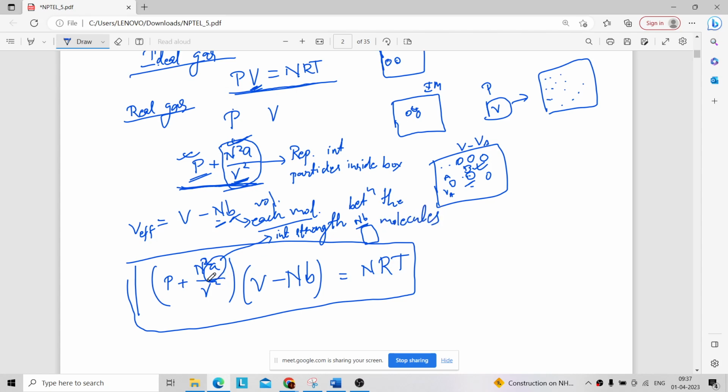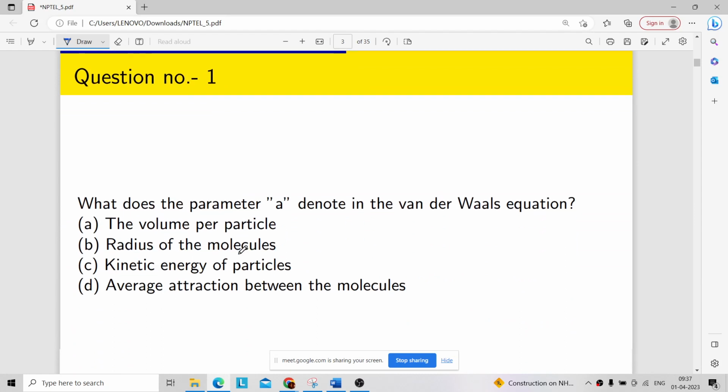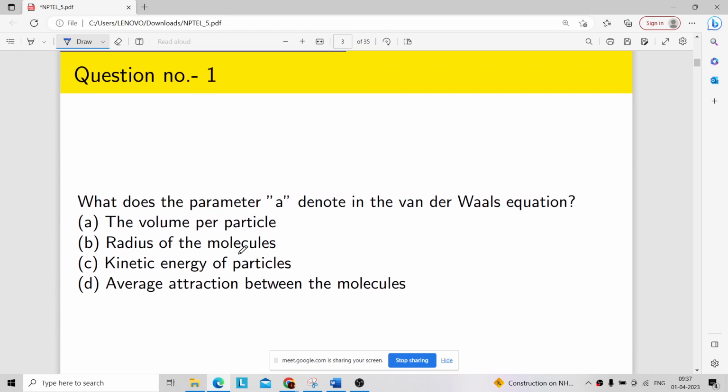Right. So this is the strength of the interaction between the molecules. So we have to find it in the options. So a is volume per particle, no. Radius of the molecule, no. Kinetic energy of particle, no. This is the average attraction between the molecules, right?